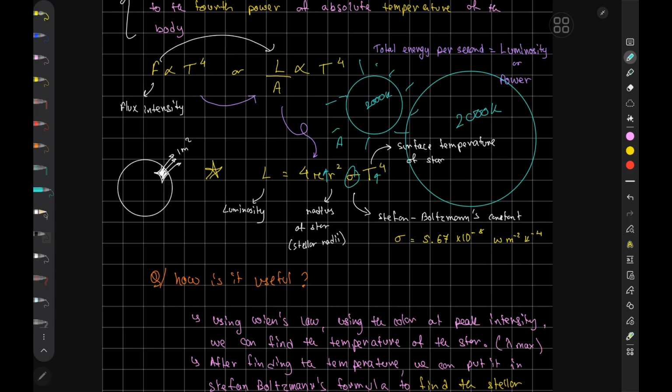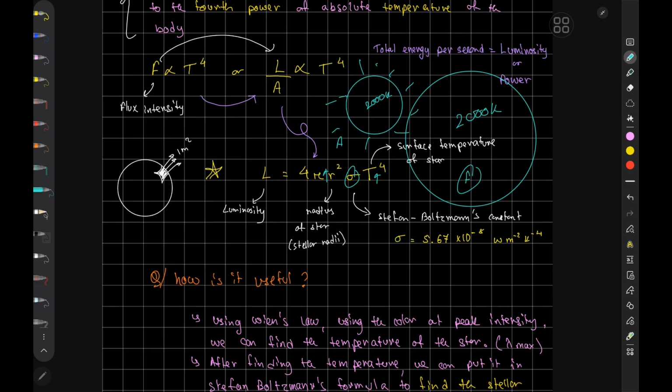Now, one thing you can argue is that the flux intensity may stay the same. Will it? Yeah, it will stay the same. Flux intensity stays the same if you divide by area on both sides, so it gets cancelled out. So F becomes just proportional to the temperature. Your flux intensity stays the same regardless of the size of the black body, that is, of the star.